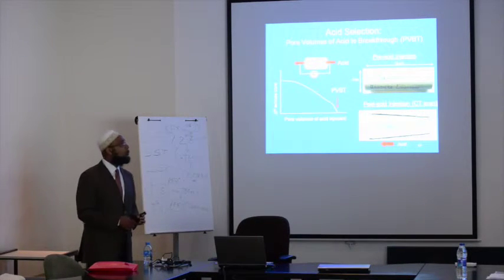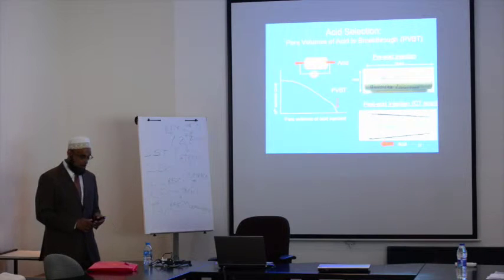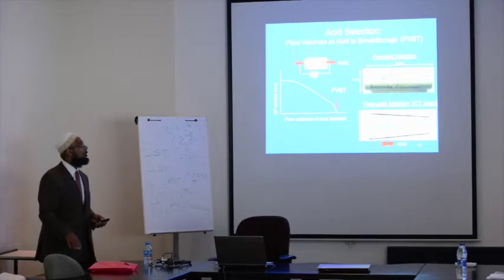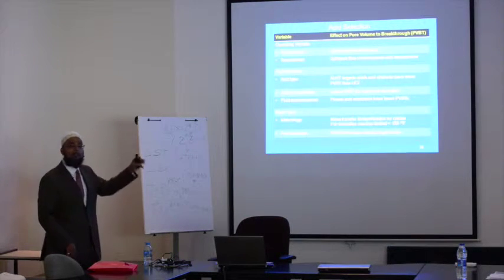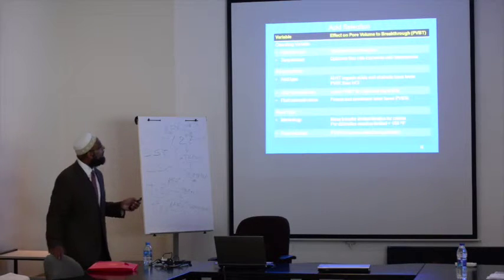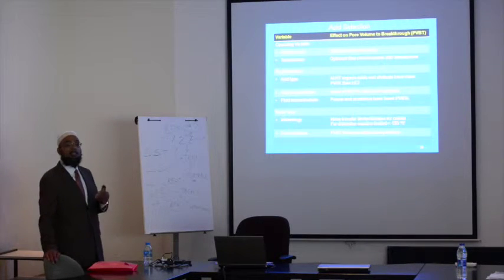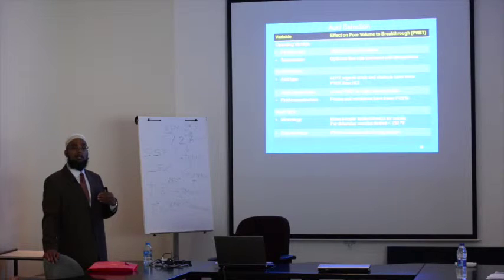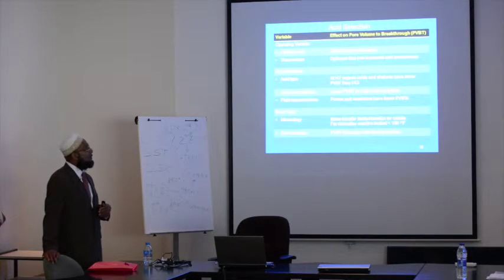Right? Now this pore volume of acid to breakthrough is a function of many variables, and I've listed some of them over here. So it's a function of injection rate, and there's clearly an optimum rate at which you'll get the maximum efficiency of the acid. There's temperature dependence, there's acid type dependence.